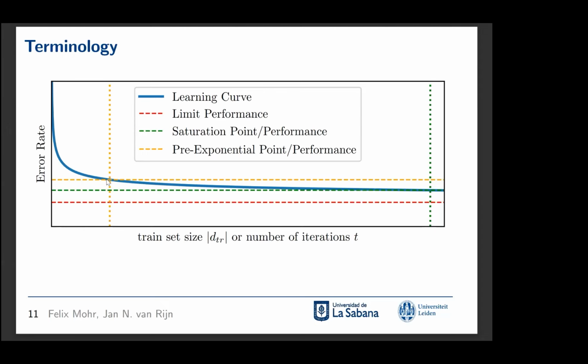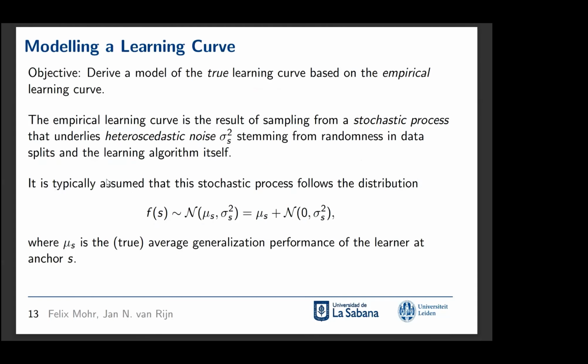So you have some variance in these observations. And how big is this variance? This variance is basically this term here, the sigma squared S, but I introduce this subscript S here to indicate that this level of noise depends on how many samples you use for training.